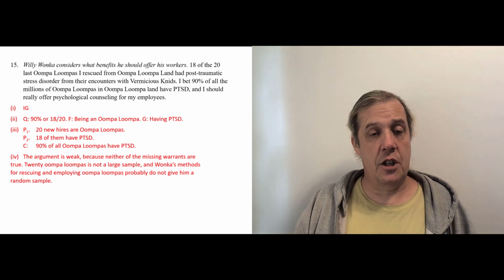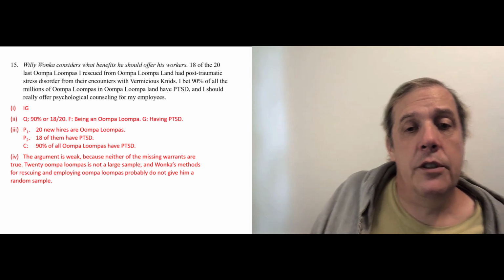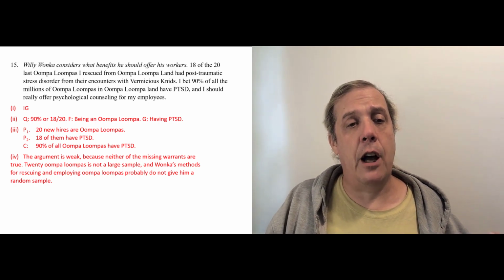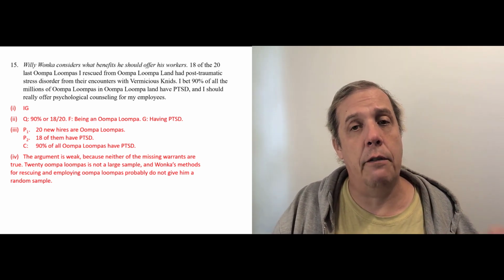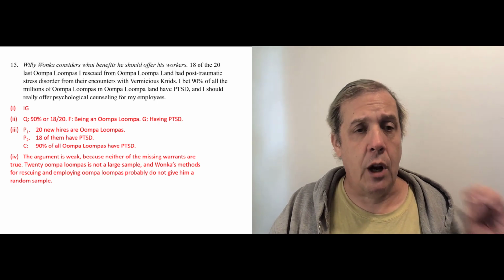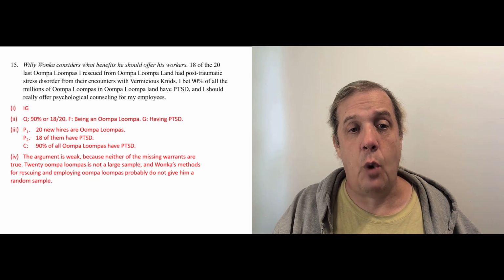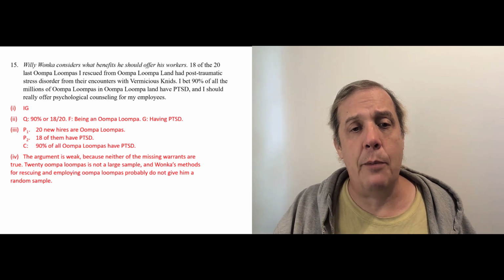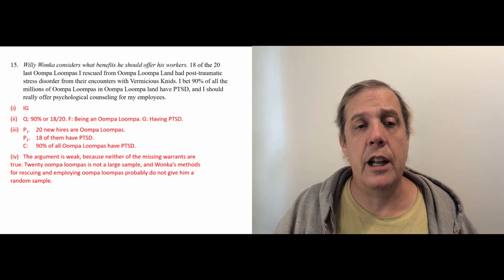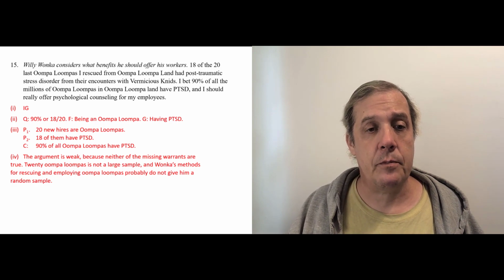So it's a generalization. The generalization, we can identify the standard parts of a quantified categorical statement for it. 90% is the quantifier. The two properties are being an Oompa Loompa and having PTSD.